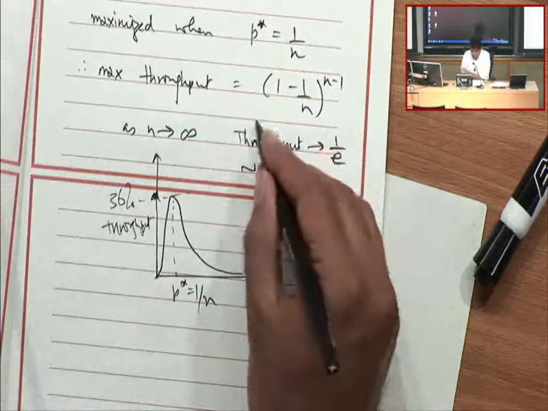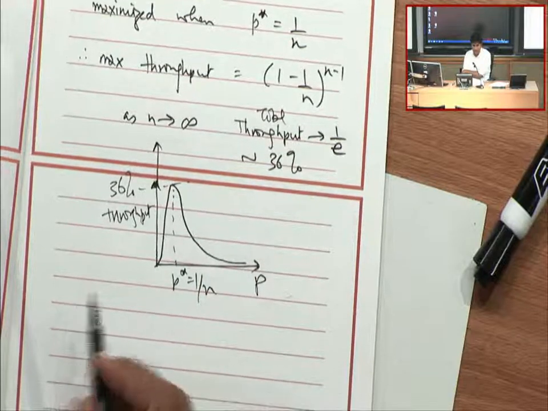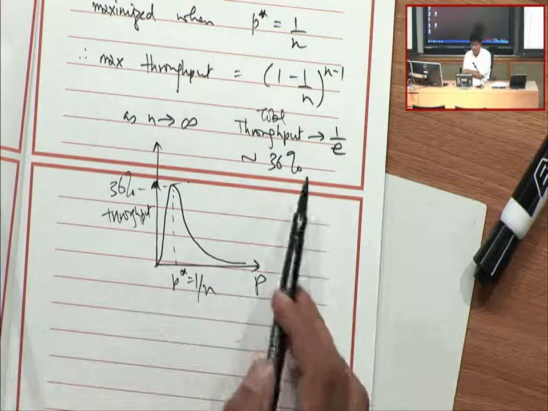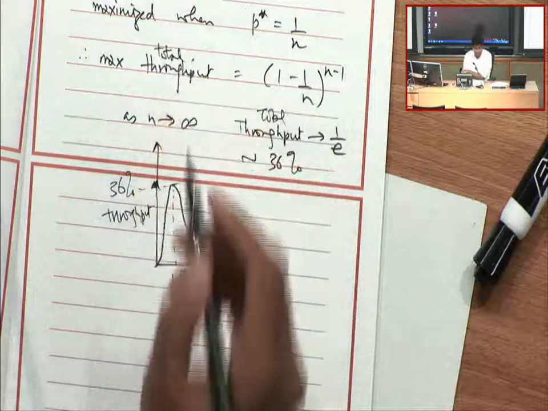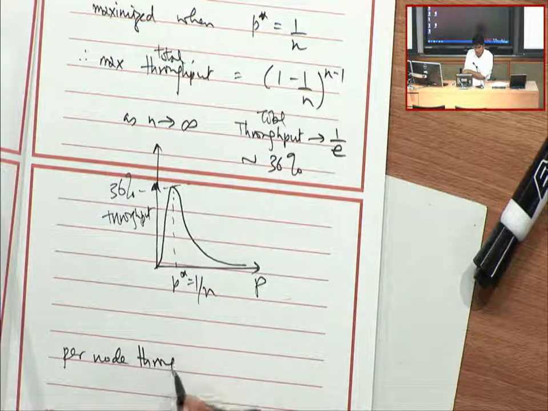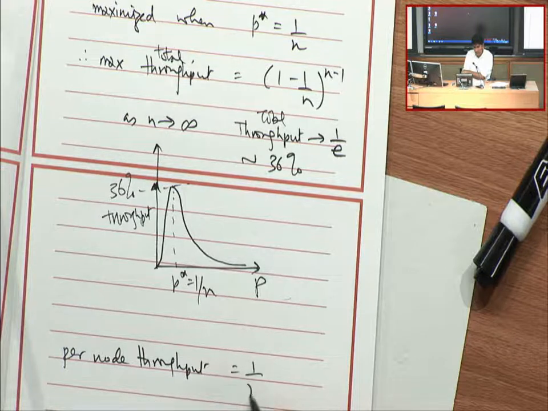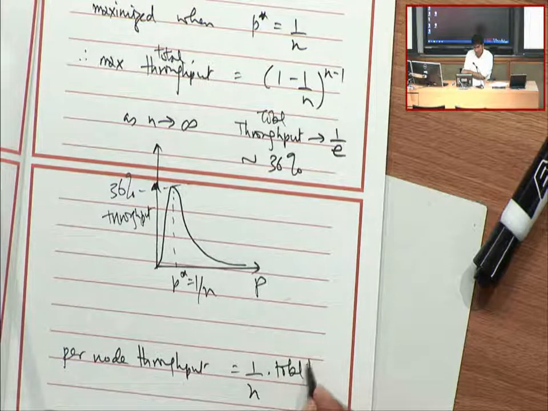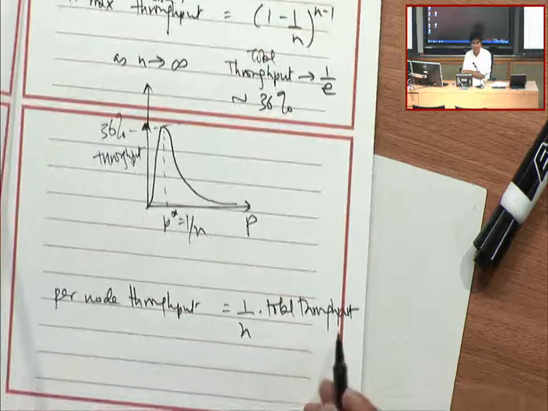So this, of course, is the total throughput. The throughput for each individual user in each case would be this quantity over n. So this is the maximum total throughput, and the per node throughput in this case is simply 1 over n times the total throughput. This is because the system is completely symmetric.